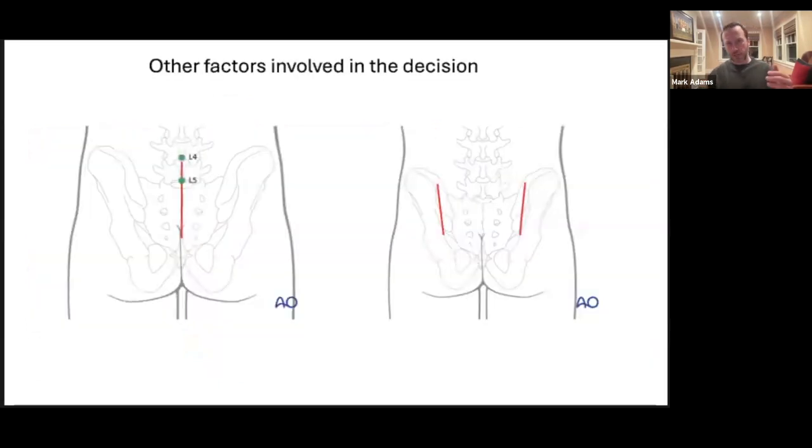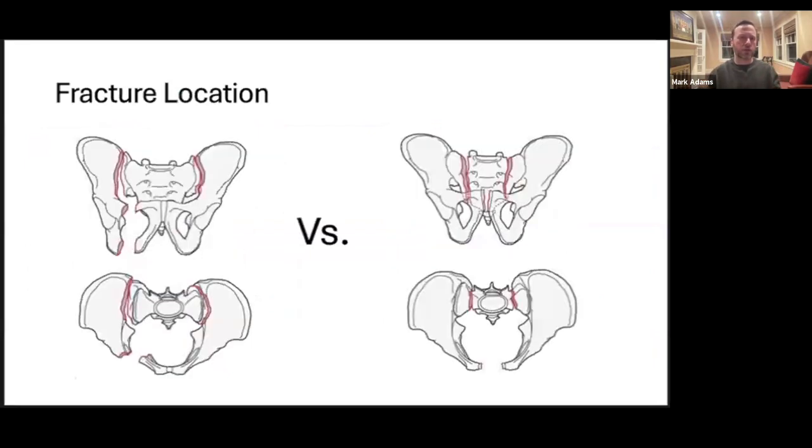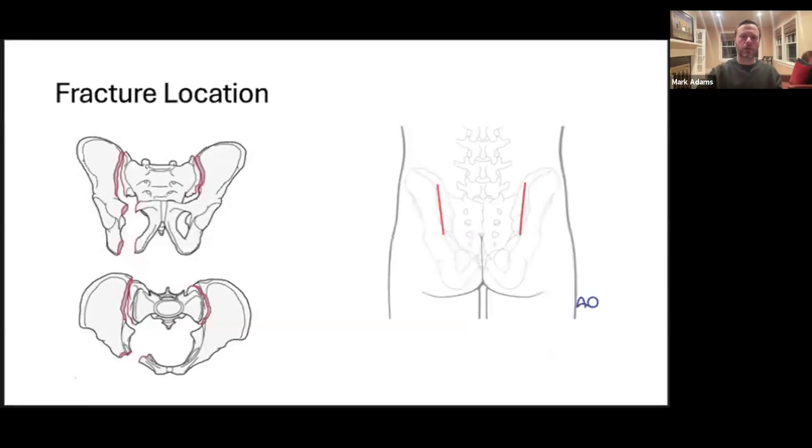So now that we've looked at it from the perspective of the skin, what are the other relevant factors? Well, there's the fracture location. On the left, we've got these crescent fractures. On the right, we've got bilateral sacral fractures. Bilateral crescent fractures would push you towards a bilateral paramedian approach, because those injuries are too lateral to access through a midline.